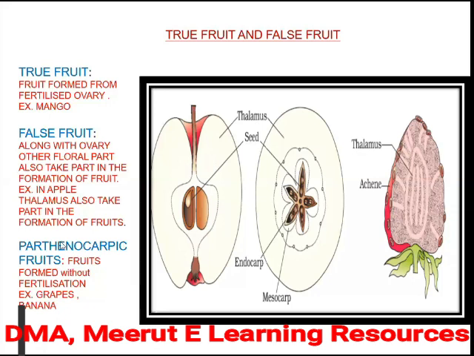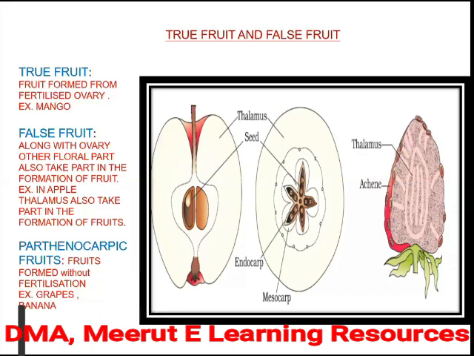And parthenocarpic fruits are seedless fruits, those fruits which are formed without fertilization. So grapes are natural parthenocarpic, banana are natural parthenocarpic. You can make any other fruit parthenocarpic except few where seeds are edible. For example, pomegranate. You can't make pomegranate seedless, or you can say parthenocarpic, because we eat seeds of pomegranate.